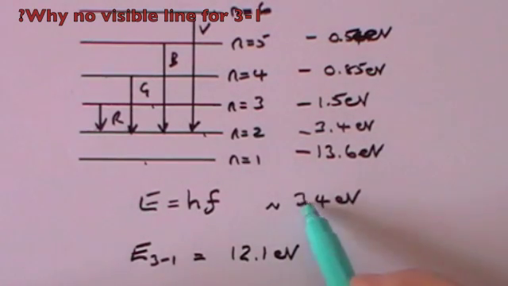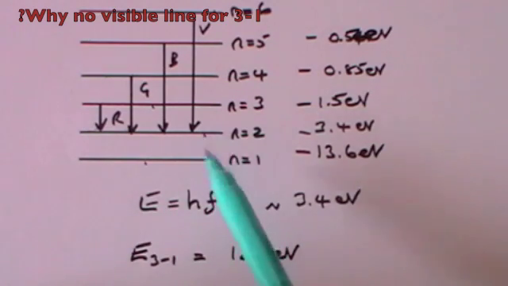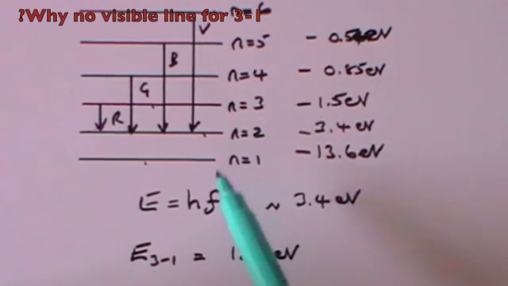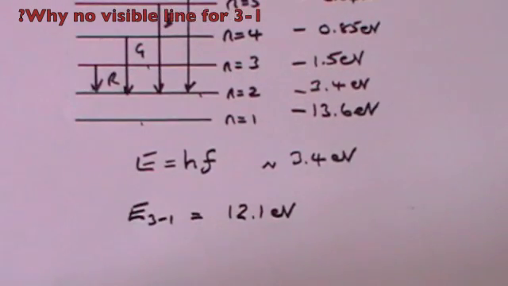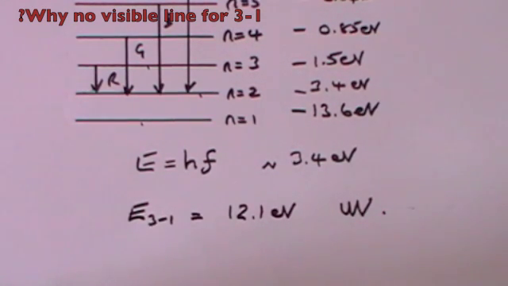Now, if 3.4 electron volts gives you a frequency which is in the violet region, what is an energy of nearly 4 times as much going to do to the frequency? The frequency will be nearly 4 times higher. That means you're going up into the ultraviolet region, and you cannot see ultraviolet.